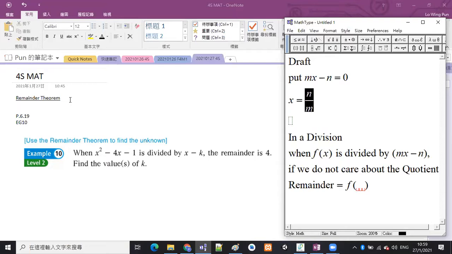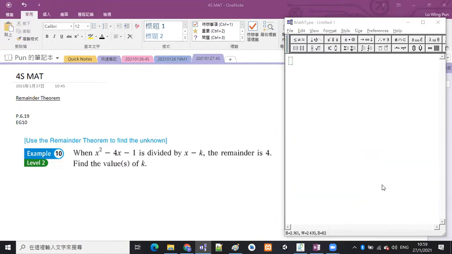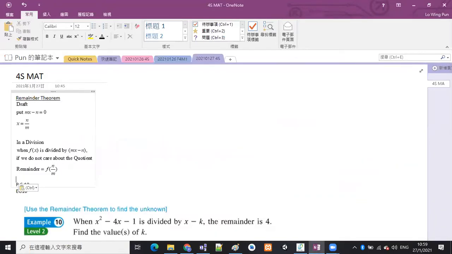This n over m will be the number that you need to substitute into f(x) in order to calculate the remainder of this division. So that is the summary of the remainder theorem.